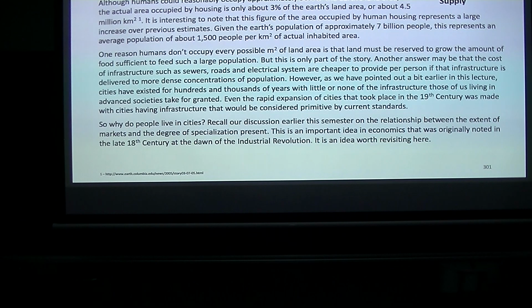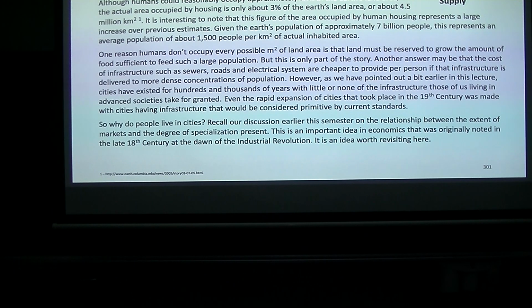So now we can look and get a pretty good idea of that. And that's about 1,500 people per square kilometer of actual inhabited area. This is not the average over all of the inhabitable area. This is where people inhabit. The density of population is about 1,500 people per square kilometer.